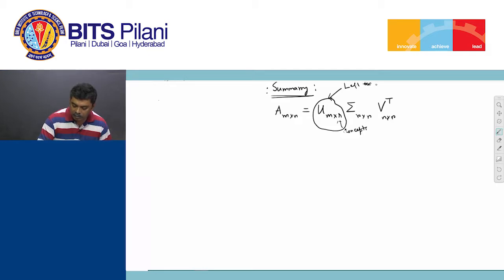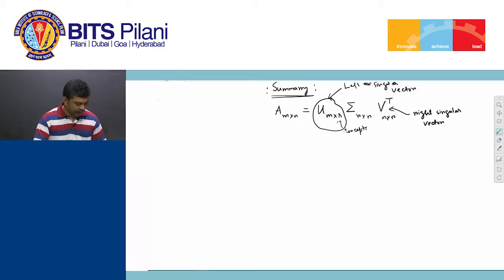Left singular vector. This one is the right singular vector.